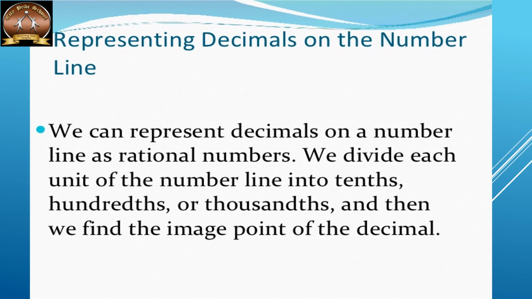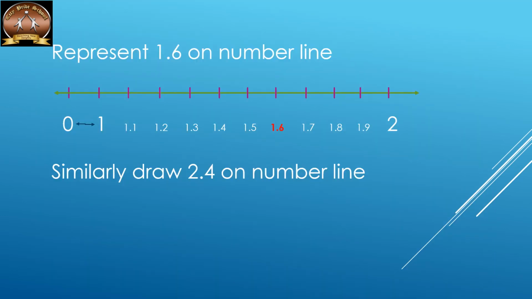Now, let's learn how to represent decimals on a number line. We can represent decimals on a number line as rational numbers. You don't know rational numbers yet, but let's see how to represent a decimal on a number line.